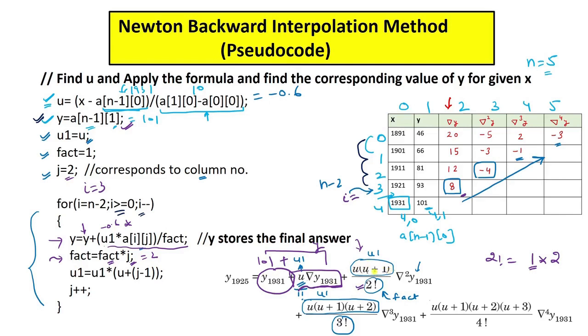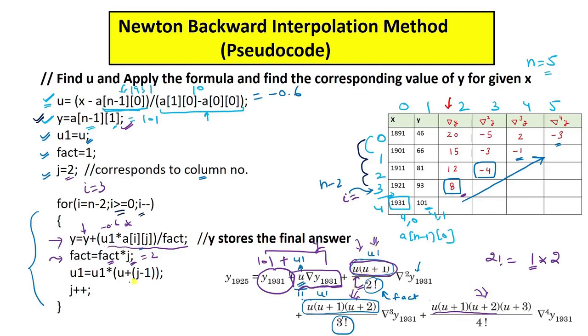Now I have to compute u1. You can see u multiplied by u plus 1, and here u plus 1, u plus 2. So u plus 1 is the previous value, and this part is this much only, and I'm just multiplying by u plus 3. So I will be reusing the previous values of u1 to compute the next values of u1.